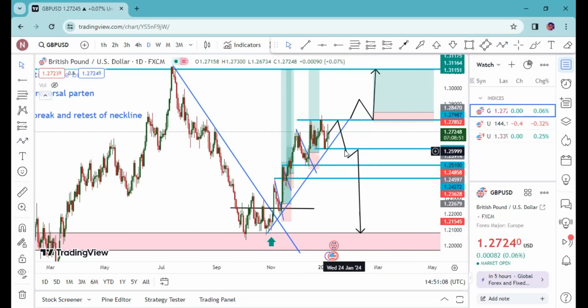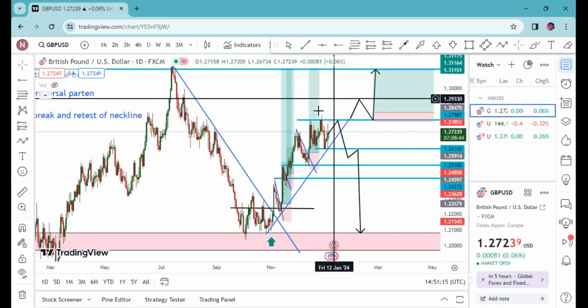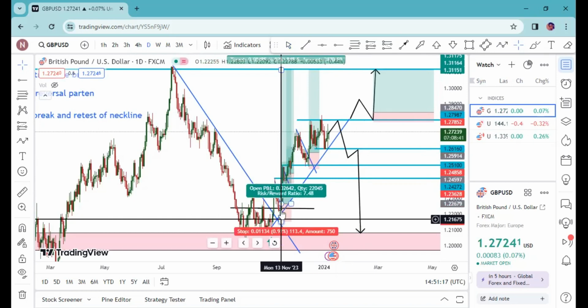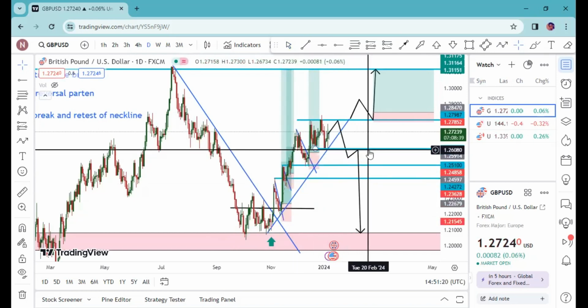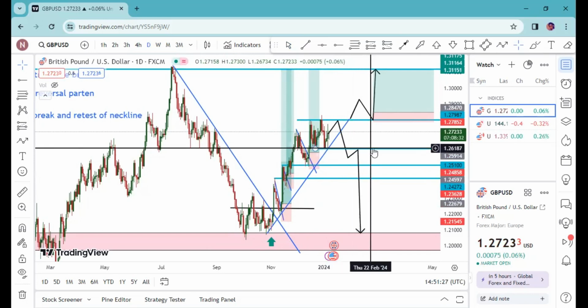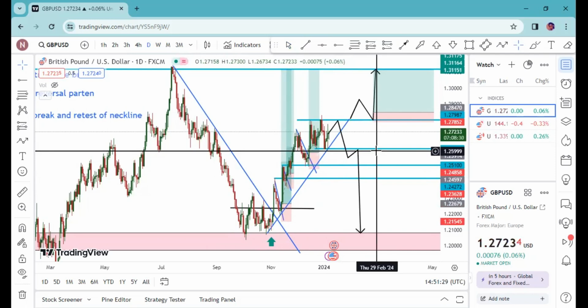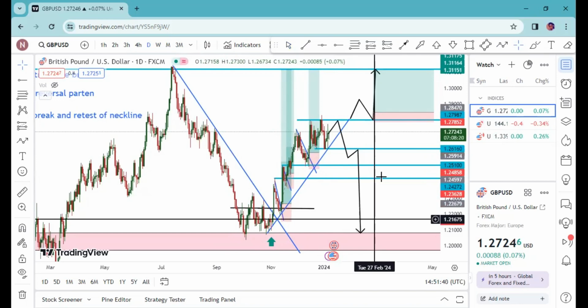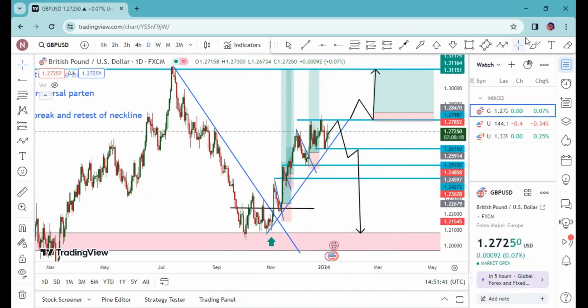If the market breaks immediately at this point, all my trades will be somewhere around here. When it breaks this level, by that time all my trades will be out. Then from there, I start another journey of moving to the bottom.